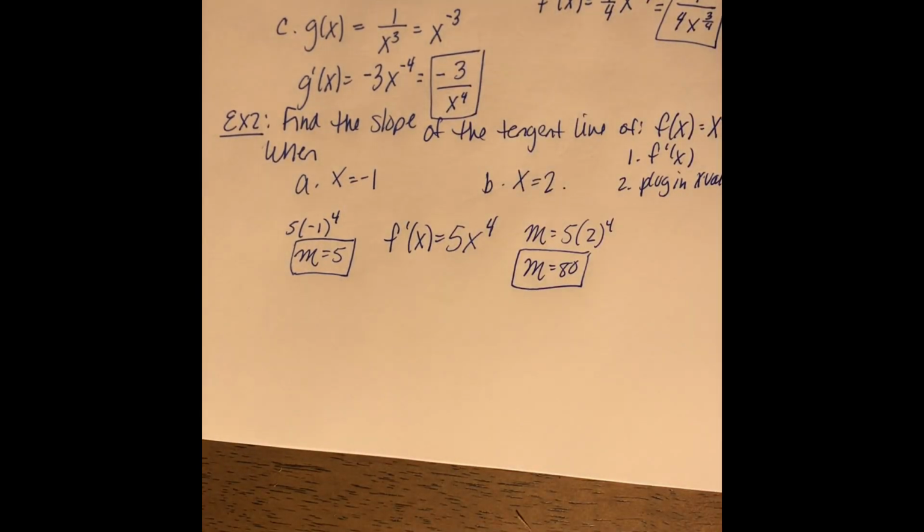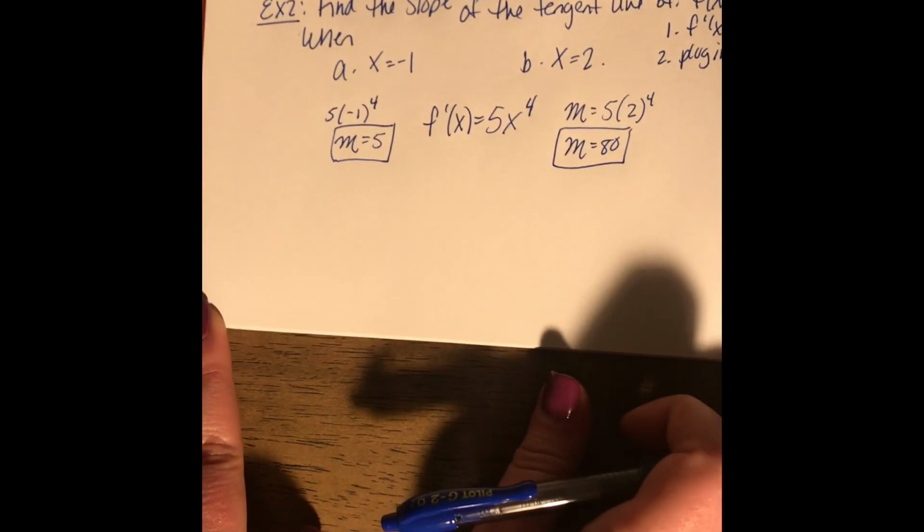So again, we're doing the same types of problems as before. We're just able to do it much quicker because we have this shortcut. Another example that we did last week, I'm going to call this one example 3.